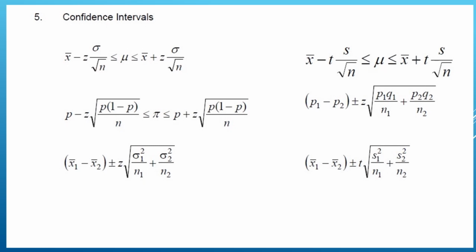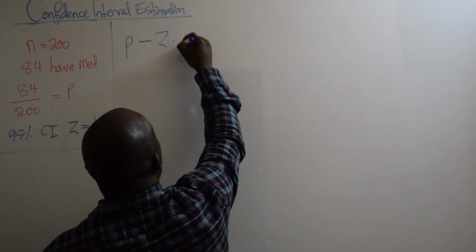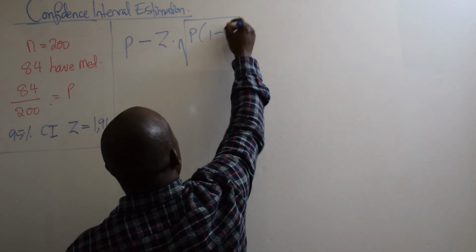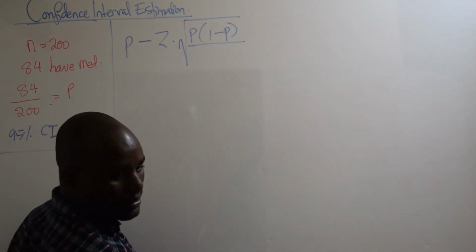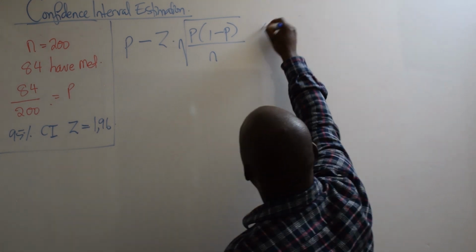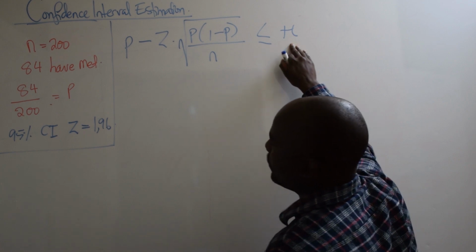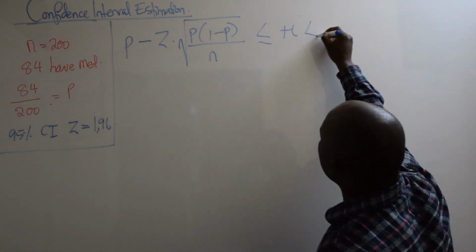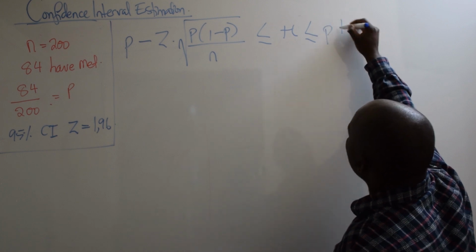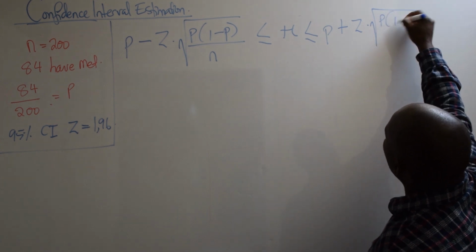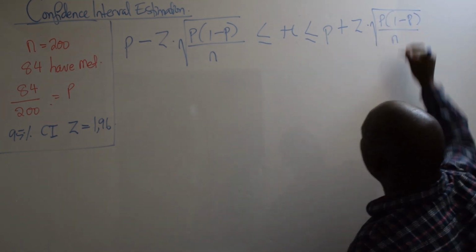So the formula that you're going to select is P minus Z multiplied by the square root of P(1 minus P) over N, is less than or equal to the population pi, not mu, because this is qualitative data, less than or equal to P plus Z multiplied by the square root of P(1 minus P) over N.